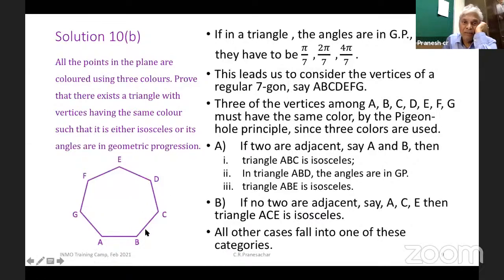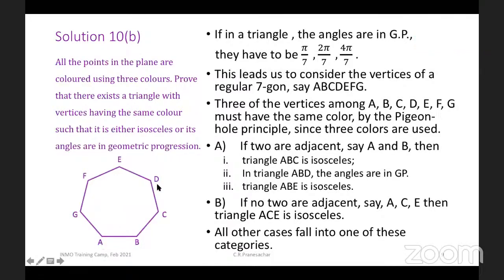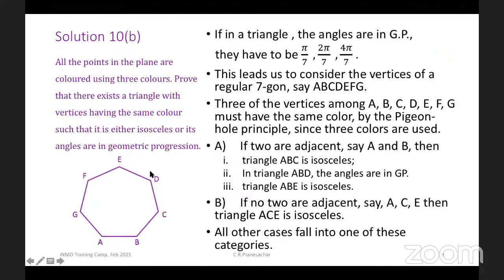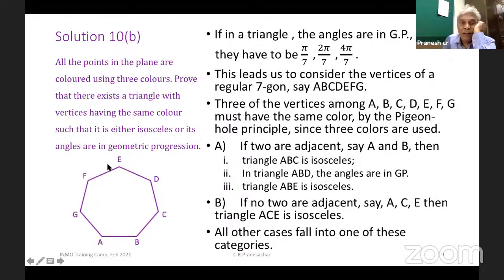So this angle will be pi by 7. Now, if you look at angle DAB, that is the angle subtended by 2 arcs. So that will be 2 pi by 7. And the angle ABD, that is subtended by 4 arcs. So that will be 4 pi by 7. You are just using the standard theorem that the angle at the circumference is half of the angle at the center.